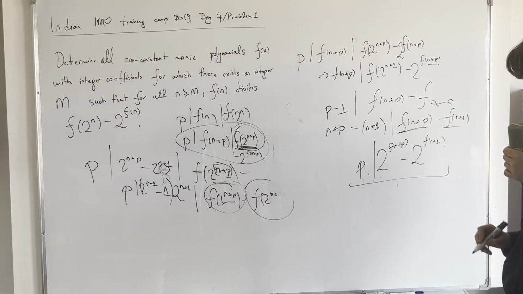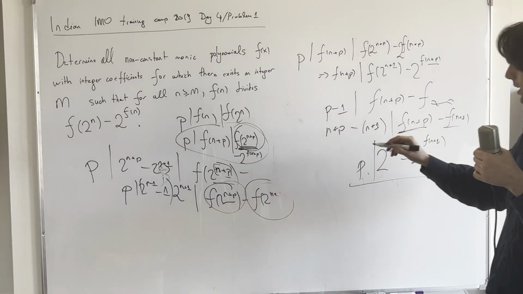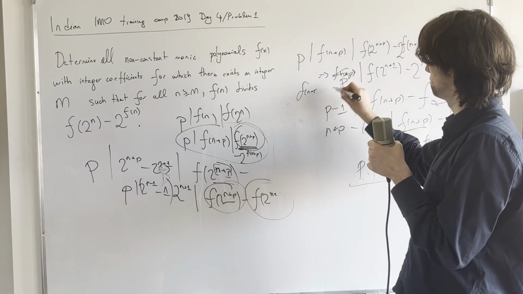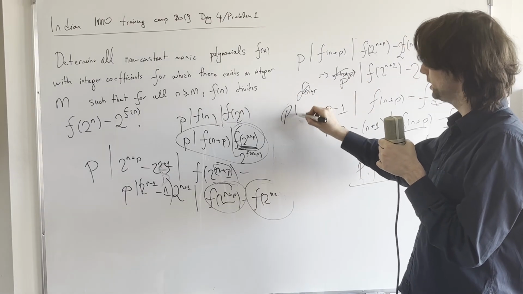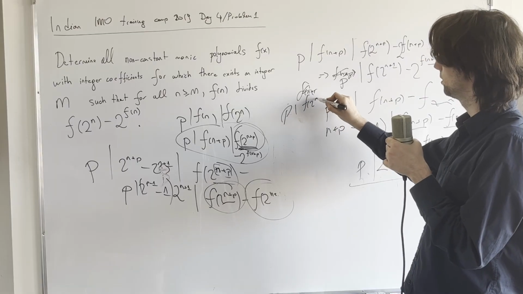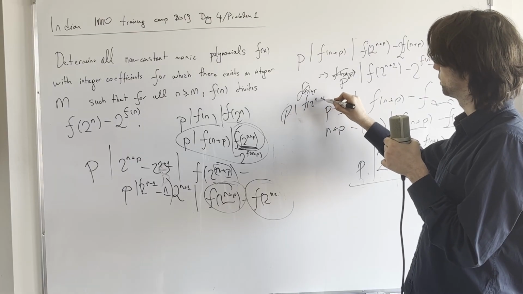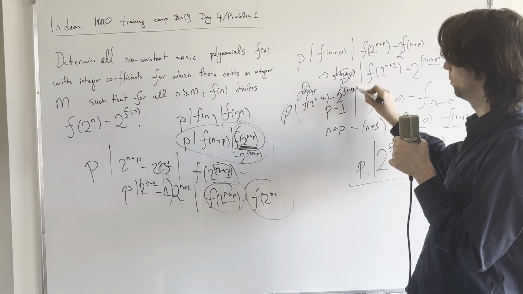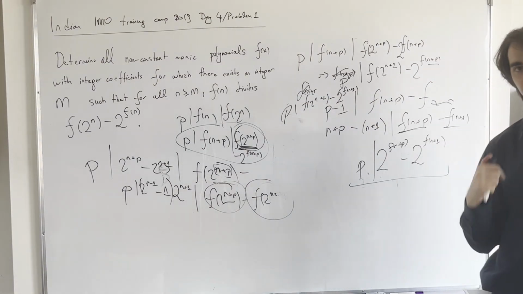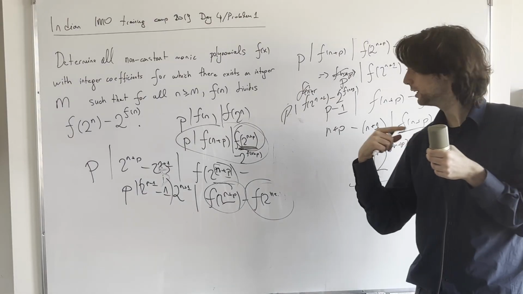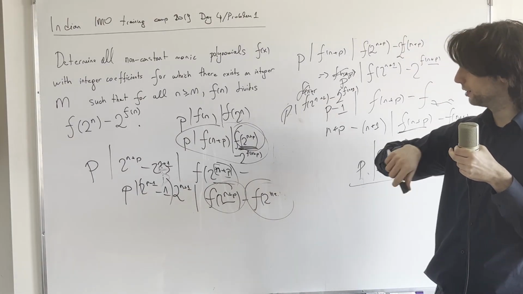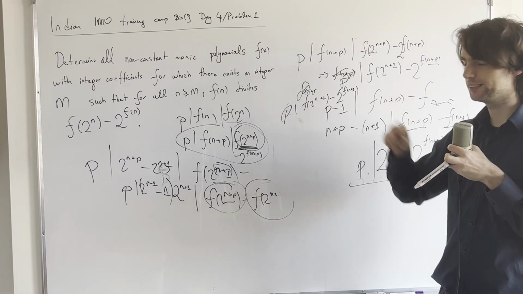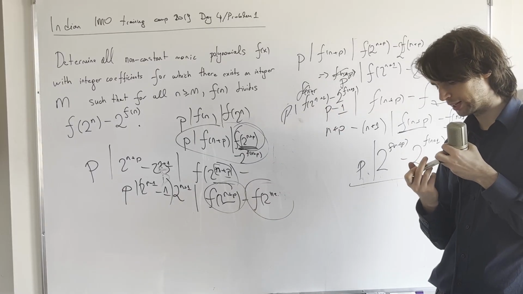So with this in mind, we now have from here f of n, actually not f of n plus p, but f of p. P divides f of 2 to the n plus 1 minus 2 to the f of n plus 1. So from p divides 2 to the f of 2 to the n minus 2 to the f of n, we have it divides 2 to the n plus 1 as well.